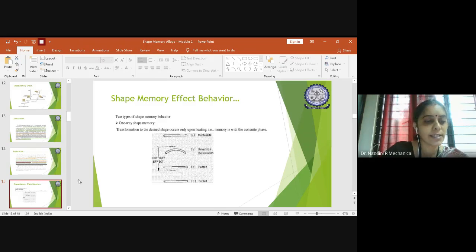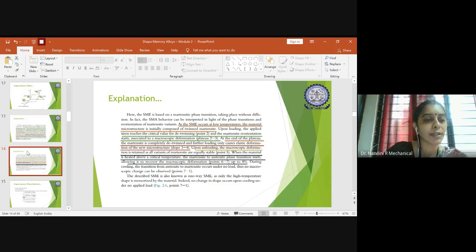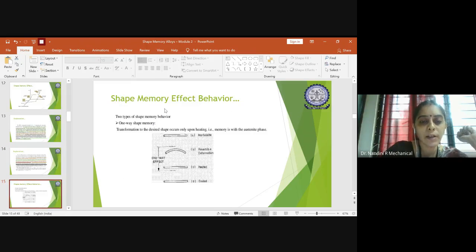Okay. Next, the same thing is explained here theoretically. I have explained it with respect to the diagram. When we were speaking about the shape memory effect, we have two types. One is one-way shape memory behavior. What do you understand from one-way shape memory behavior?